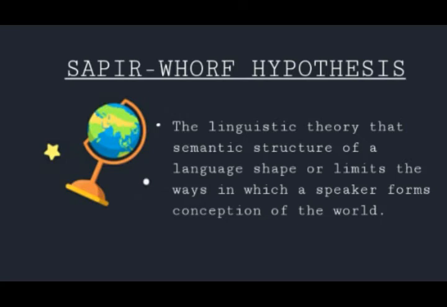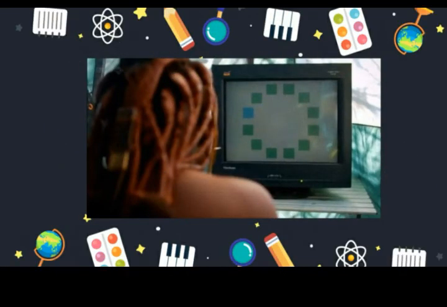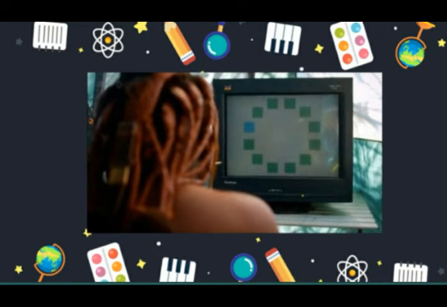There is a popular color test experiment with the Himba tribe in Namibia, whose language has no word to describe the color blue. The subjects were shown the following picture and asked to pick out the square that has a different color.